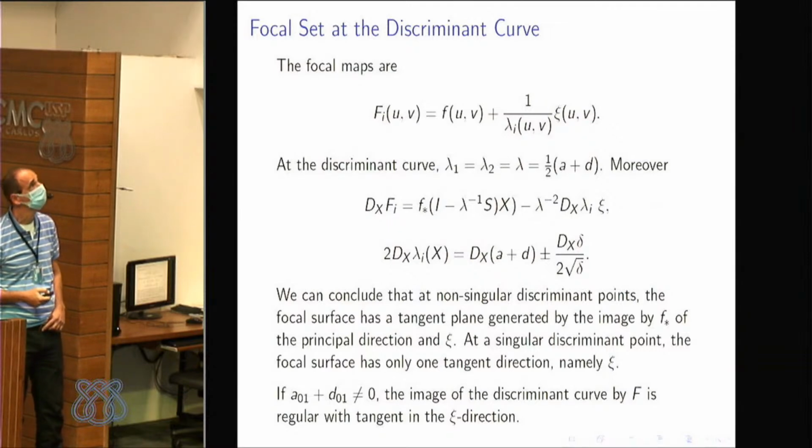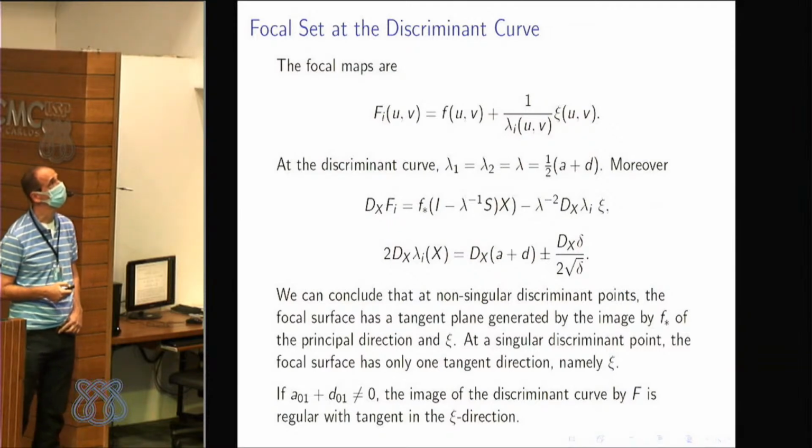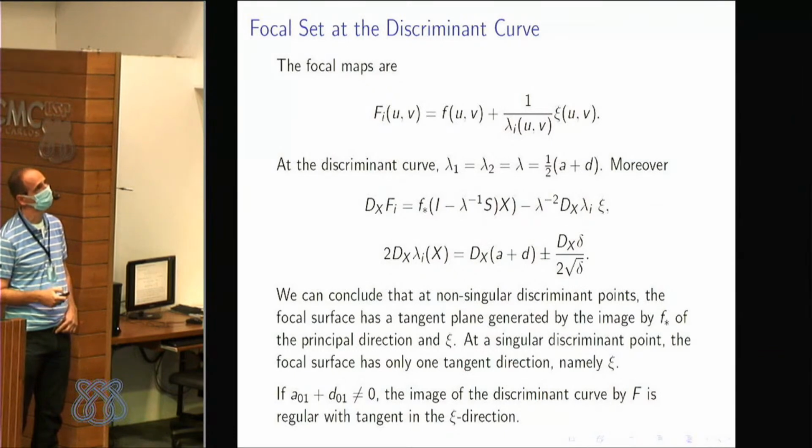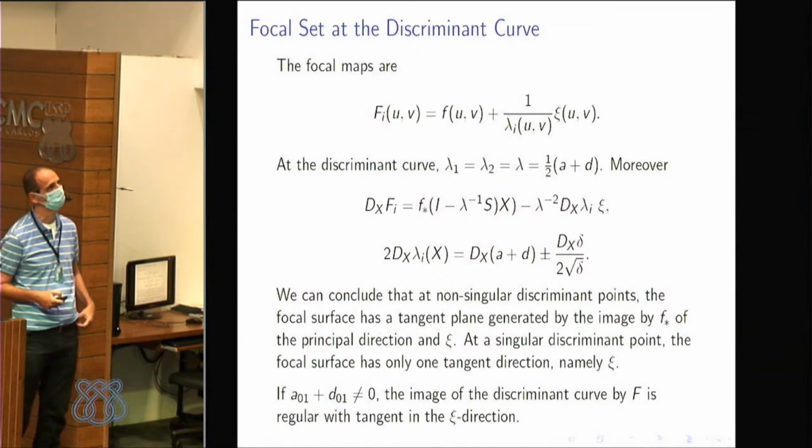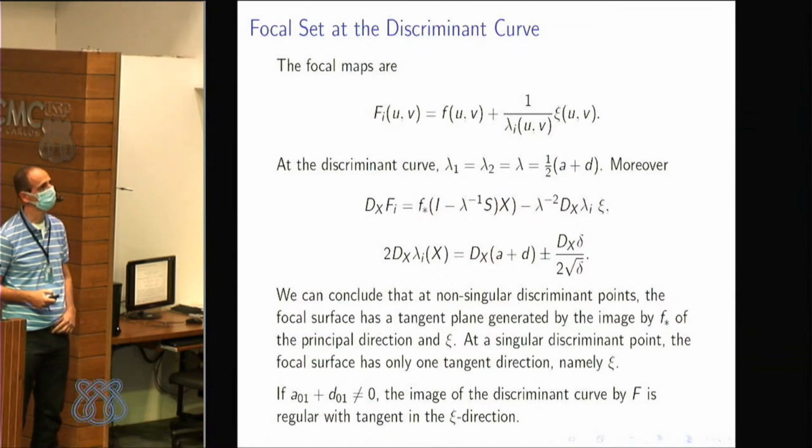The focal set: again, we consider each leaf of the focal set. At the discriminant curve, the two leaves come together, and we can calculate the derivatives, and we can conclude that at non-singular discriminant points, this focal surface has a tangent plane generated by the image of f star of the principal direction and c.